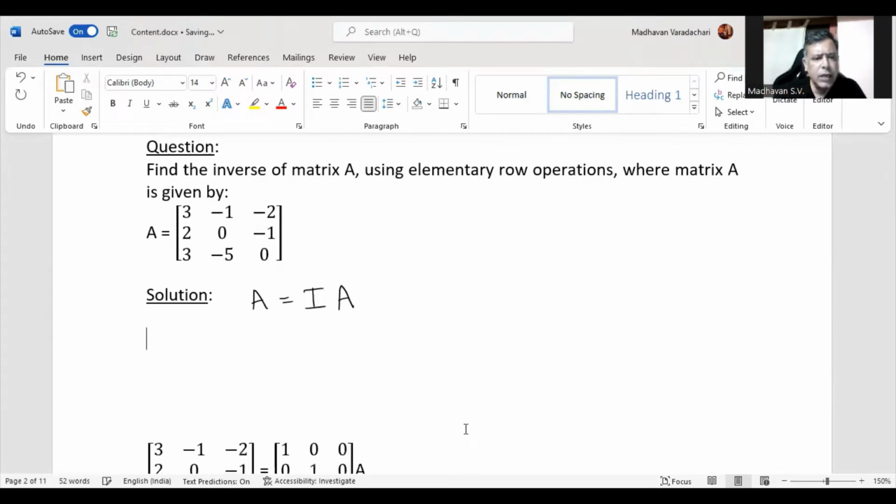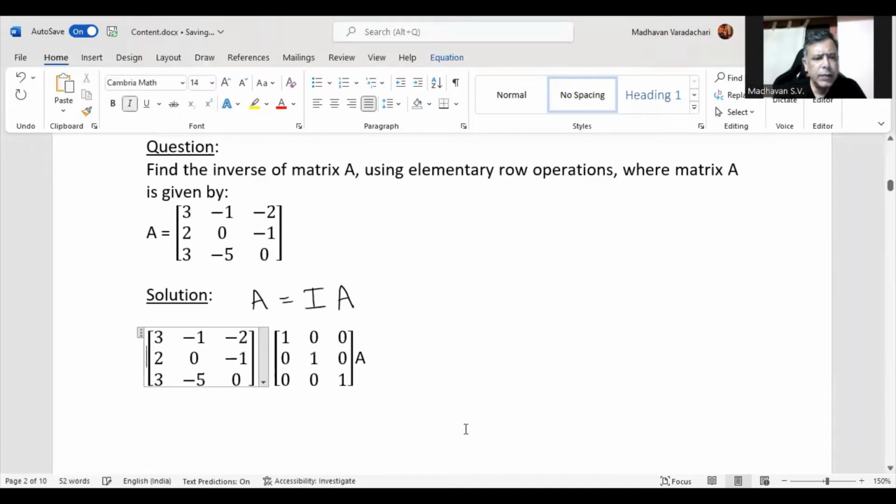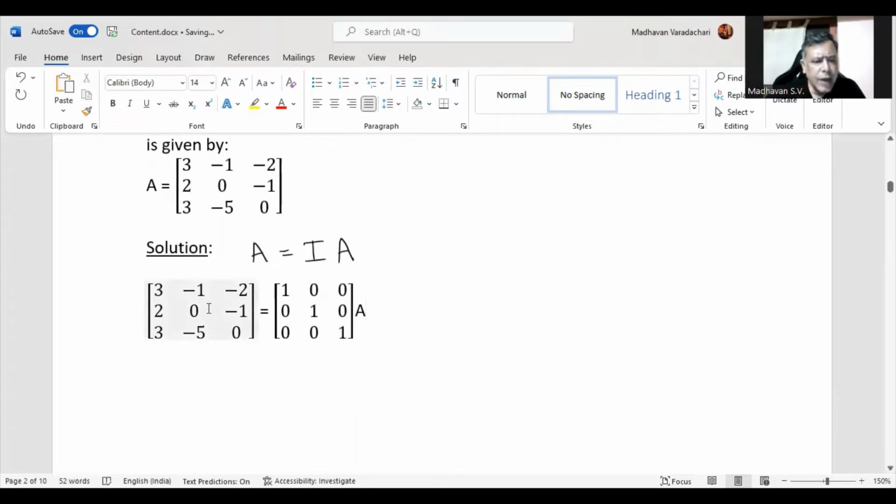So based on that, we write matrix A here, then here we write the identity matrix, and then we write A. Now our idea is to convert the left hand side to an identity matrix. For that, I need to do certain row operations to this matrix so that I bring it to the identity matrix.